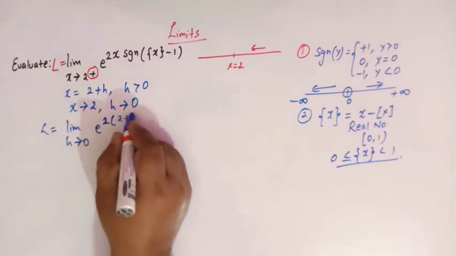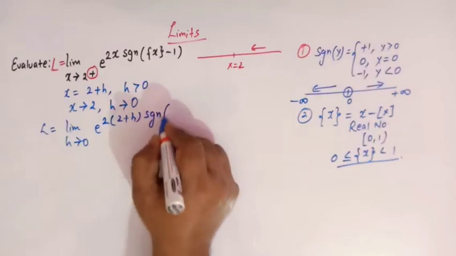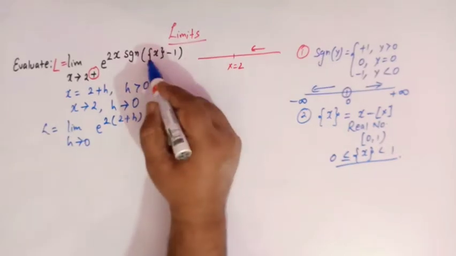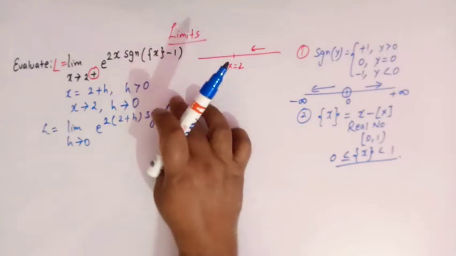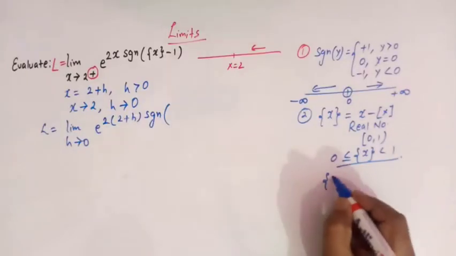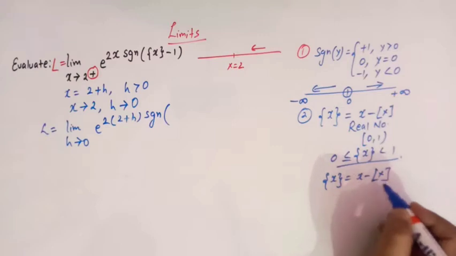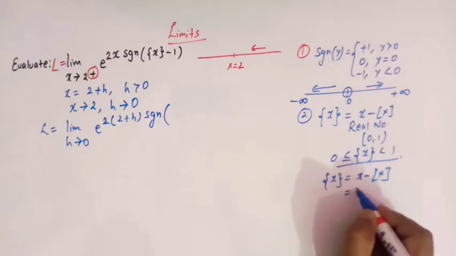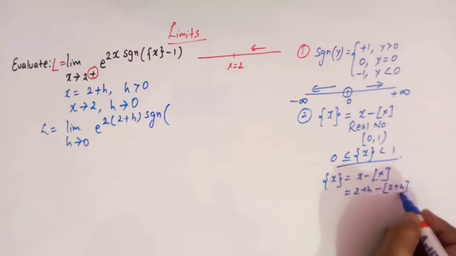So here we have 2 plus h, and here we have signum of the fractional part of x. This fractional part of x can be written as x minus greatest integer of x, and for x we can write 2 plus h, right?